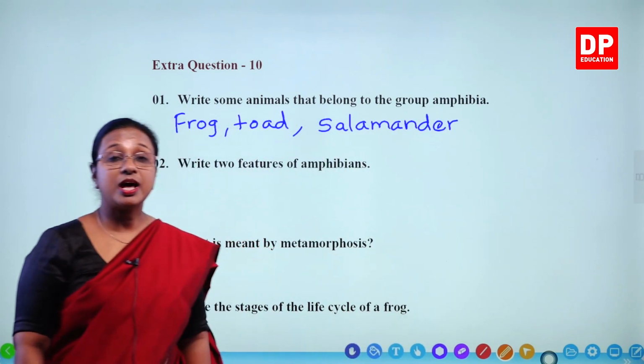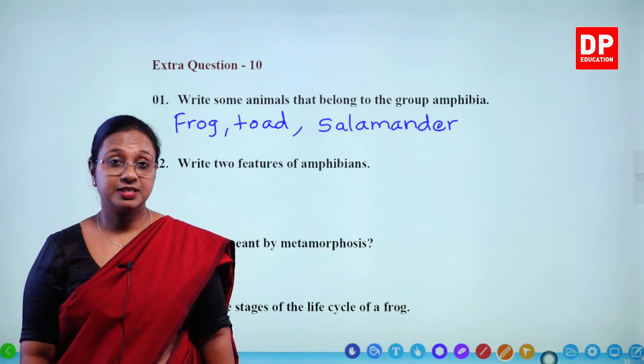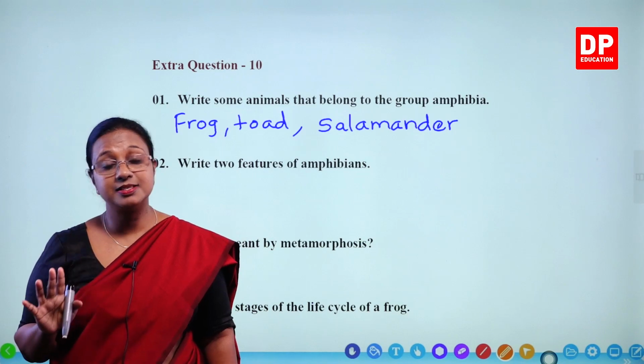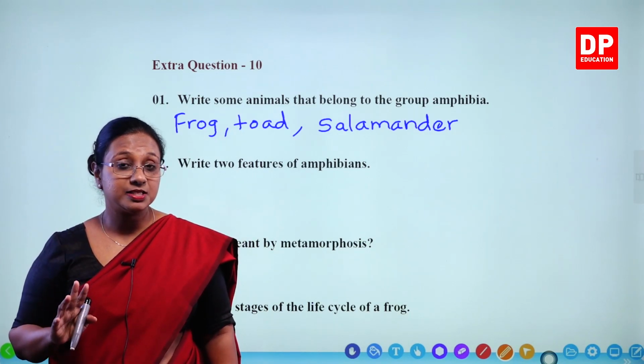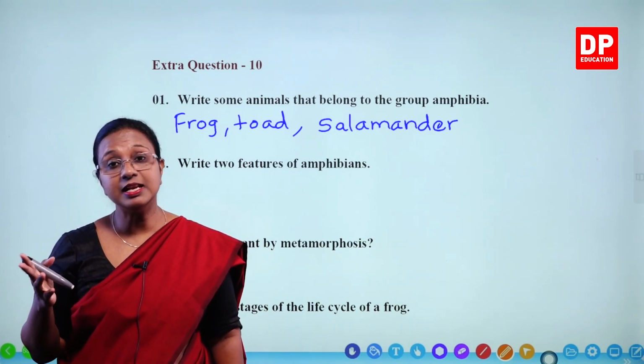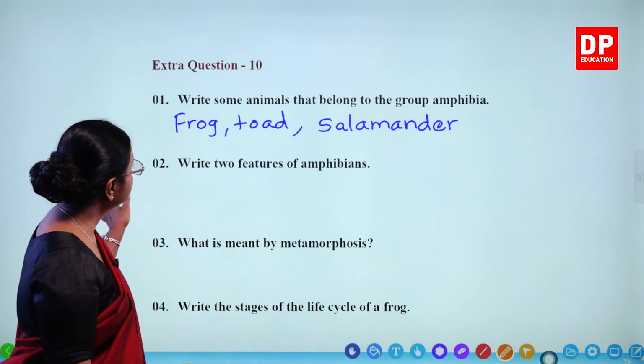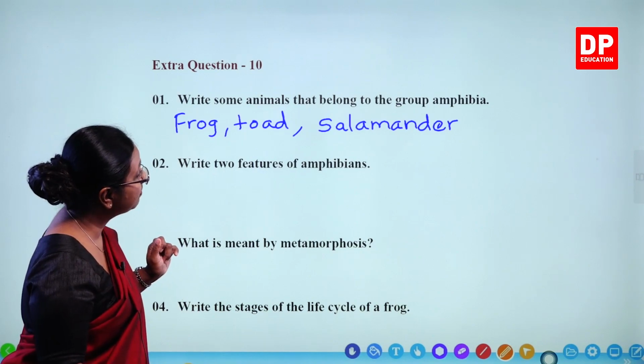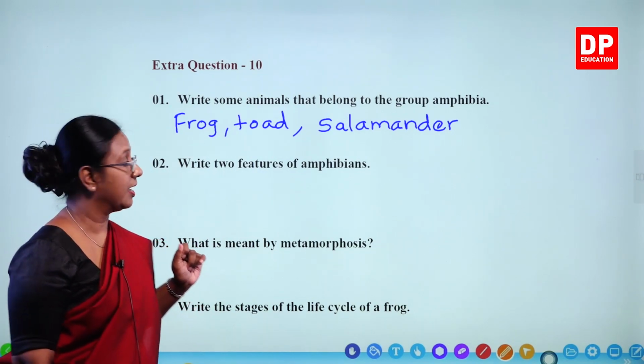You can also write Ichthyophis. But again, you can remember Ichthyophis, the name is a scientific name, so when it is printed, it is in italics. So, this is the answer for this question. Write some animals that belong to the group amphibia.